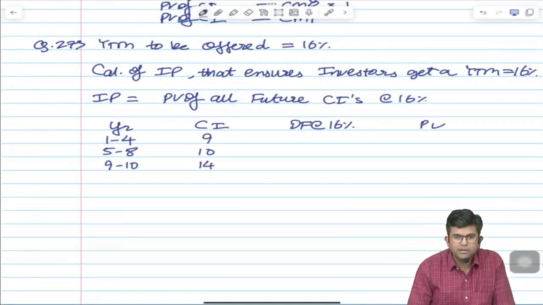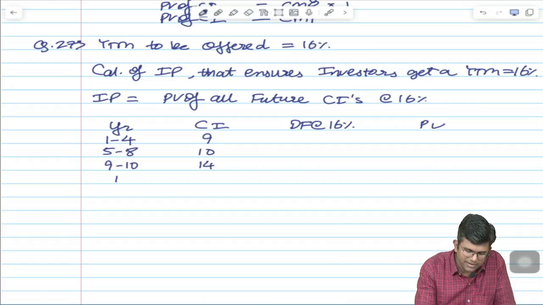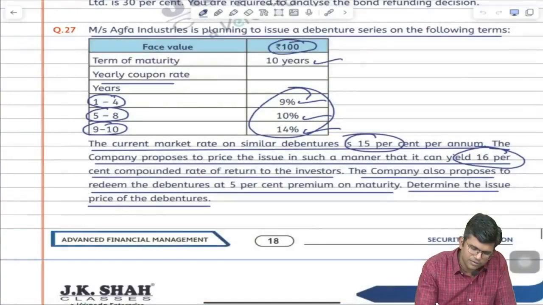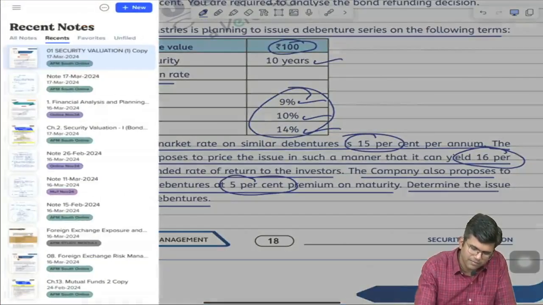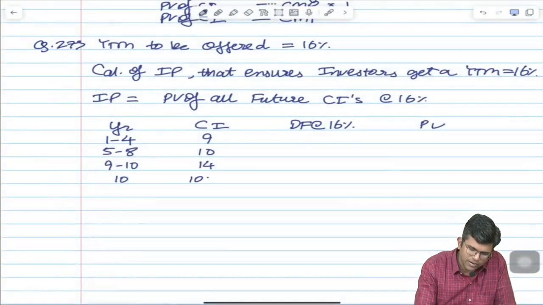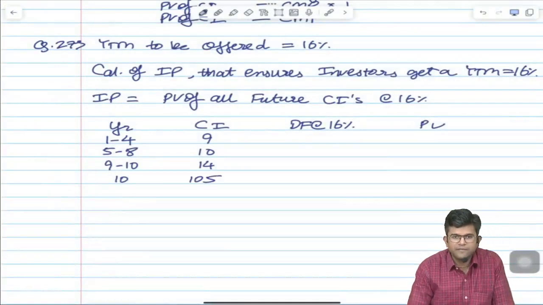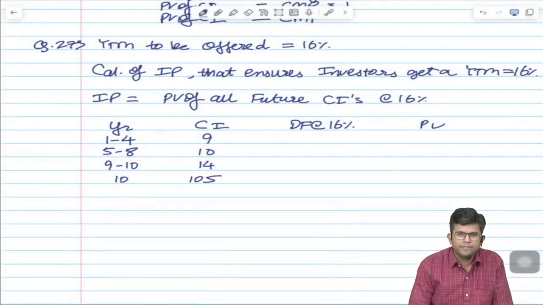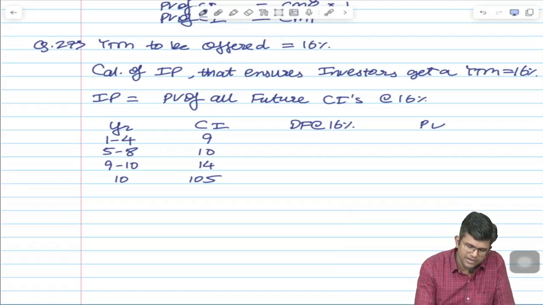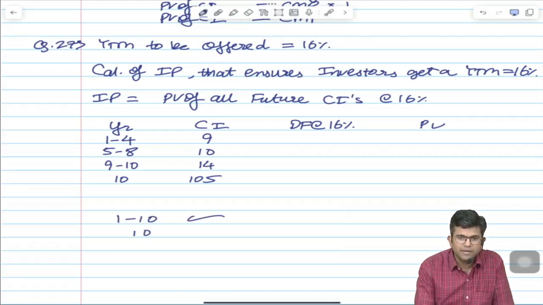Everyone clear? And then in the 10th year, redemption also you will get at 5% premium. Students, everybody following what I'm doing? Hello, 105. Generally it is like this, 1 to 10 and 10, because the coupon rates are the same, but now because coupon rates are different, I had to break it up.